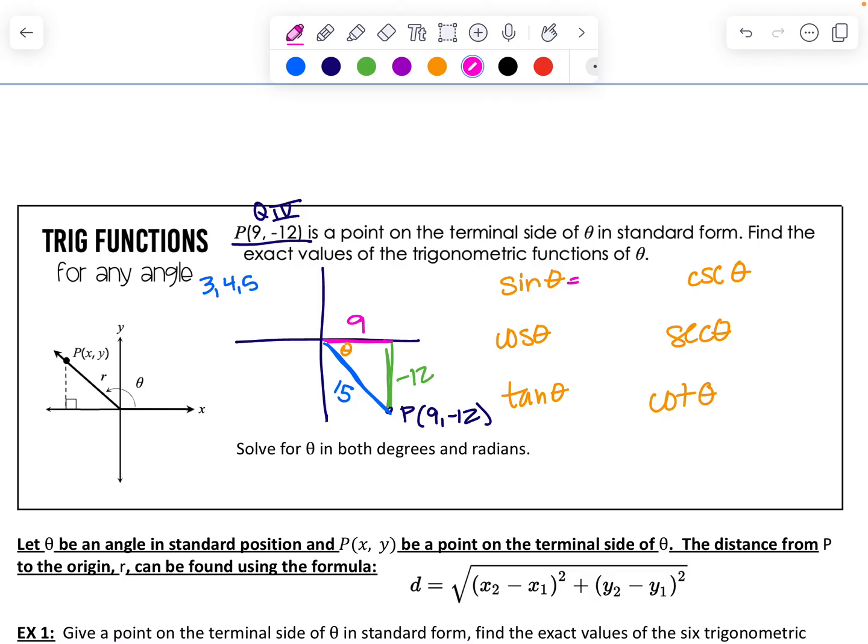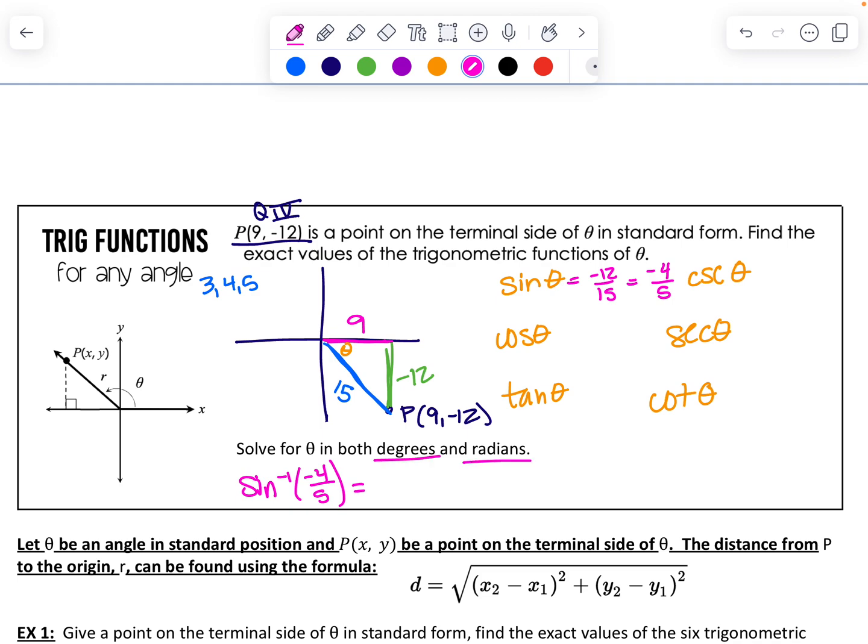So what we see here is the sine of theta, opposite over hypotenuse, is negative 12 over 15, which reduces to negative 4 over 5. Meaning that if we take the inverse sine of negative 4 over 5, that will give me my angle in degrees and radians.